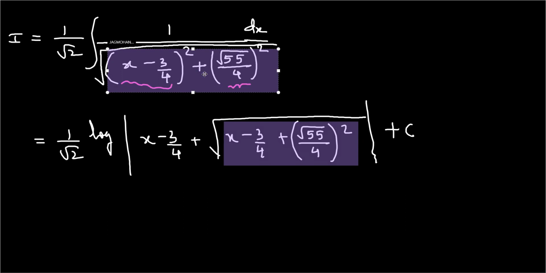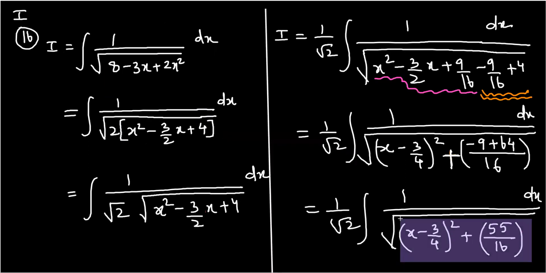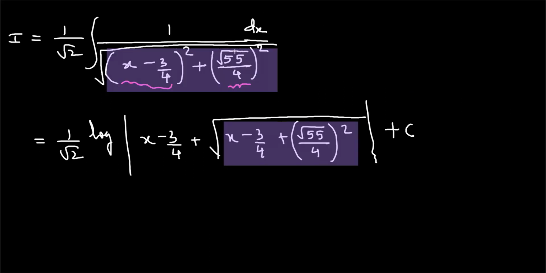Fine. Now in this content of the square root, if I ask you where is this coming from, it is coming from its previous step. What was it? It was this. The only difference is here you have 55 upon 16 and here you wrote (root 55 upon 4) the whole square.